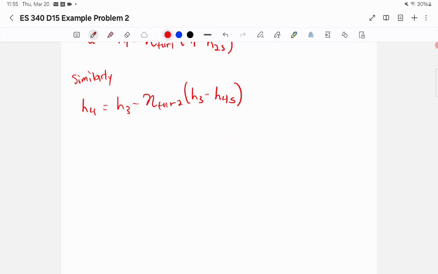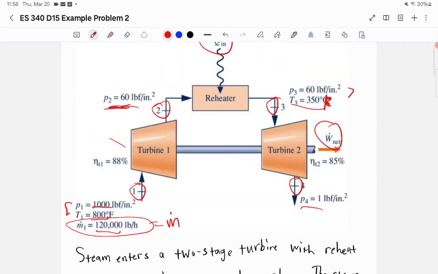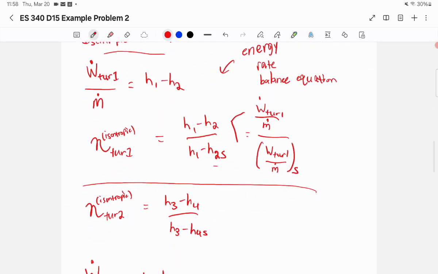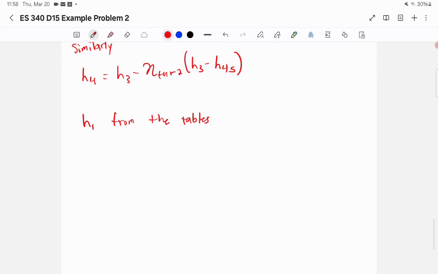Finding H1 off of the table. If you go and check the properties, let's look at what we have. P1 is 1,000 pound force per inch squared, and T1 was equal to 800 degrees Fahrenheit.